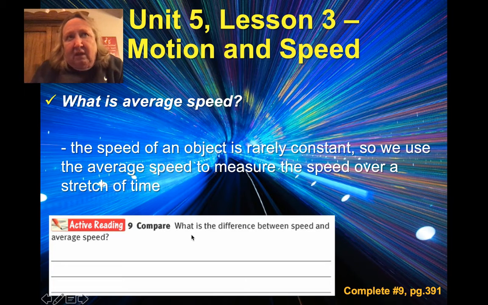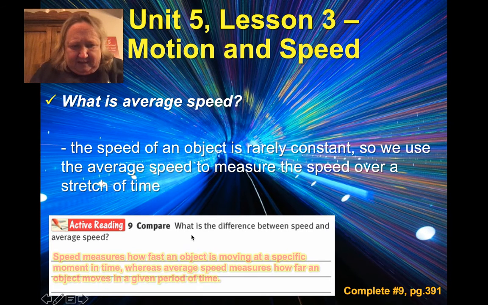So, let's say from your house to the school, you're not going the same speed the whole time. You're going to start at 0, then you might, parents, whatever bus might get up to 55 miles per hour. Okay, then we have to slow down for lights and for stop signs. Okay, that's speed. Average speed would be what you went from home to school and the time.